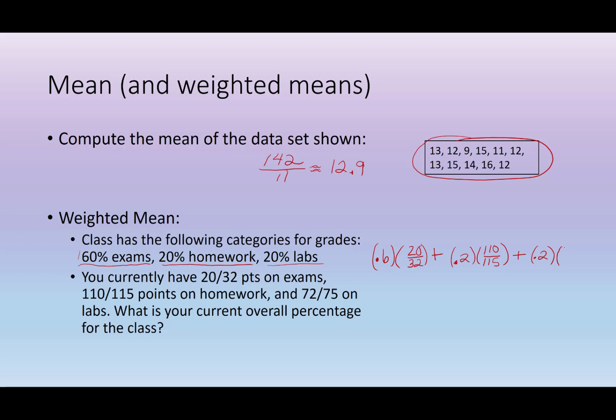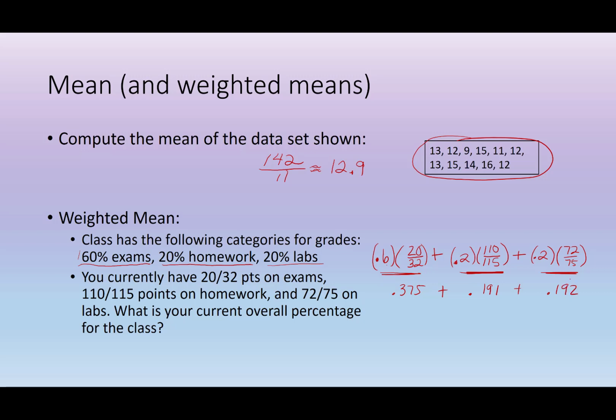And then I have 72 out of 75 for that portion. When I multiply these first two together, I end up getting 0.375. When I multiply these next two together, I end up getting about 0.191. And when I multiply my last two together, I get about 0.192.